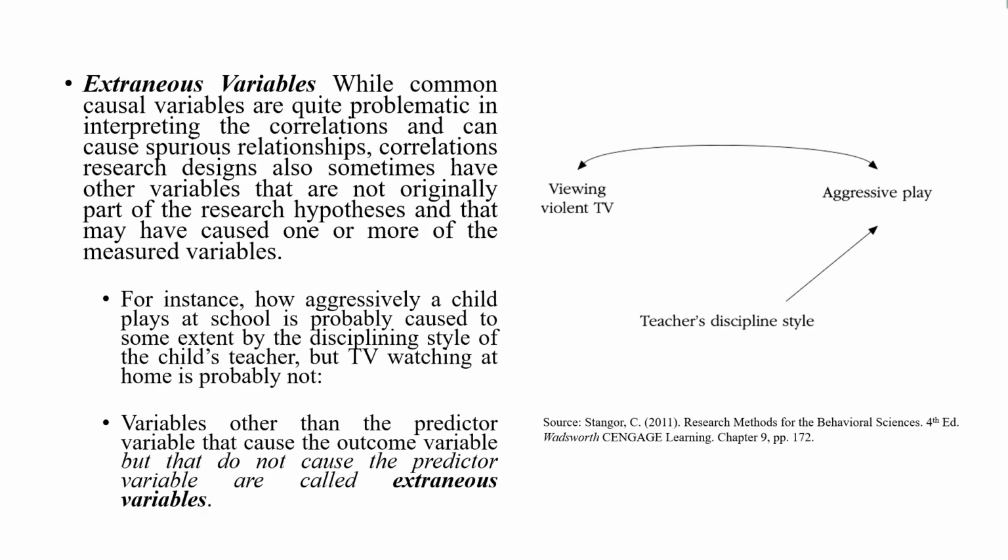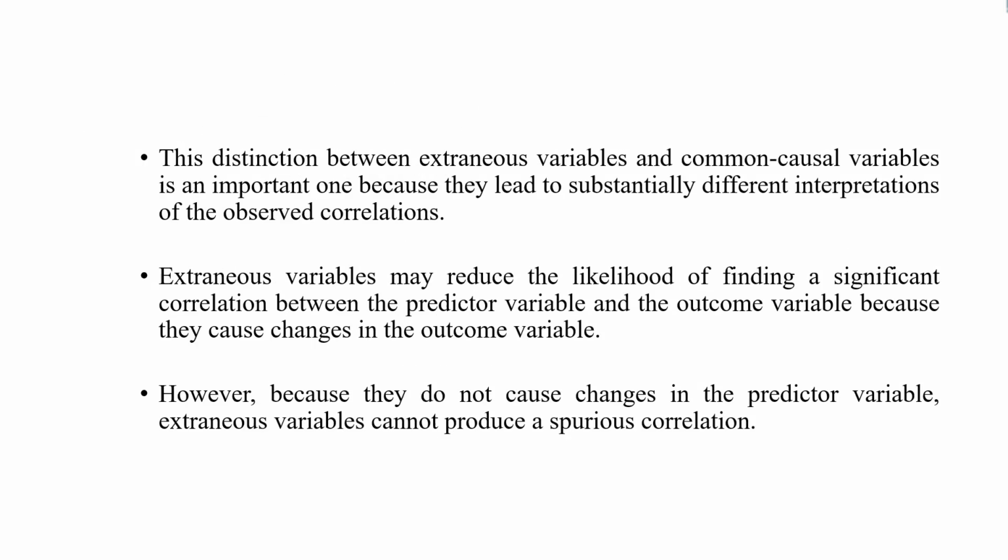These variables that are basically playing a role in predicting the outcome variable, but that do not cause the predictor variable, are defined as extraneous variables. This distinction between extraneous variables and common causal variables is very important, and we should keep this in mind, because they can lead to substantially different interpretations and a different story altogether.